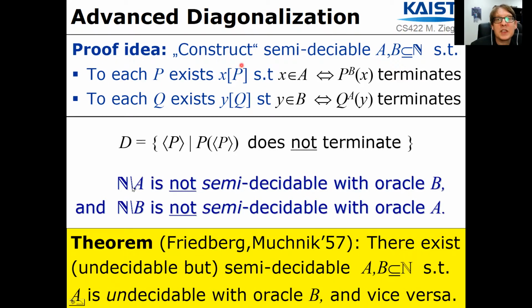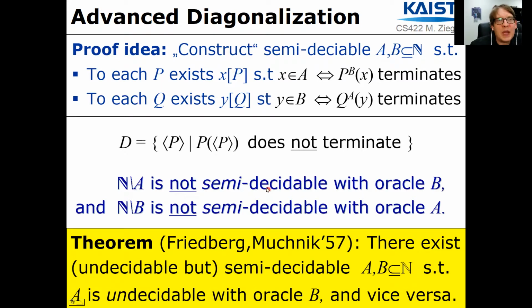But we've just considered an X which does not belong to the complement, but it belongs to A. And similarly, if this X does not belong to A, then this while program with oracle B on input X does not terminate, which again gives rise to a contradiction.